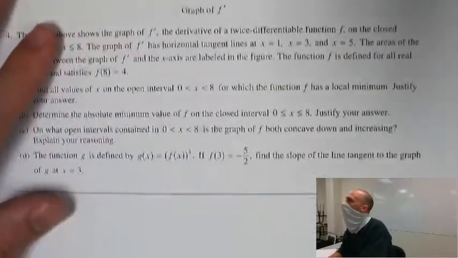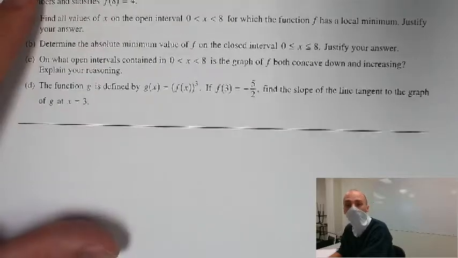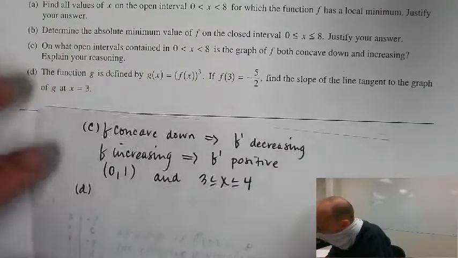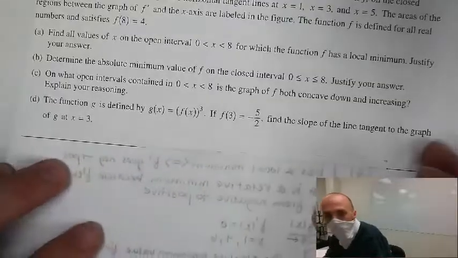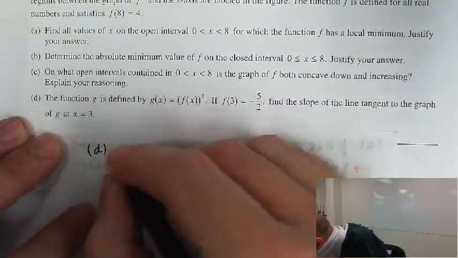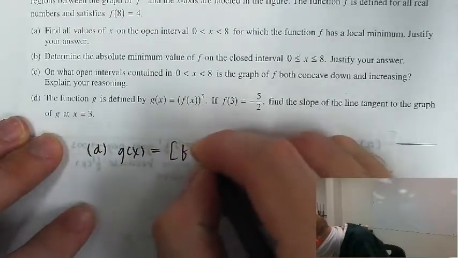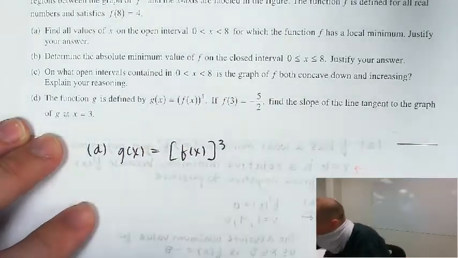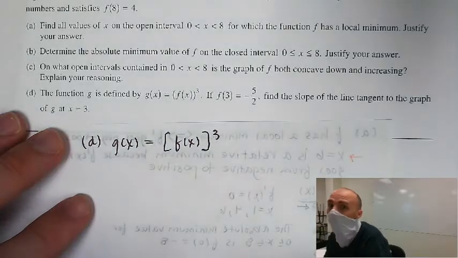All right, then G. I kind of liked this one. I almost got tricked by it when I was working it in first period this morning. So if g of x equals f of x taken to the third power, we want the slope of the tangent line, which means the derivative.